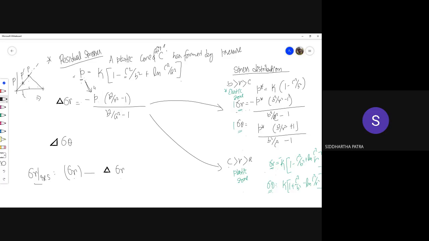So the part where you are mentioning p, substitute the expression for p in that. So that would be the expression for the residual stress. And similarly, you can get the expression for the residual sigma theta.